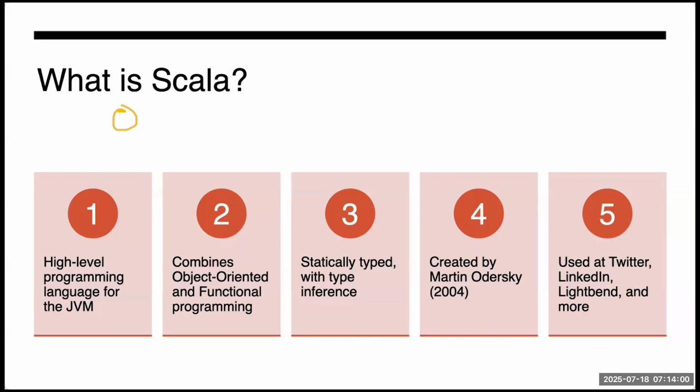It also combines both styles. Before Java 8, Java was purely object oriented, the OOPs concept we were talking about. After Java 8, it also started supporting the functional style. But Scala is functional programming.